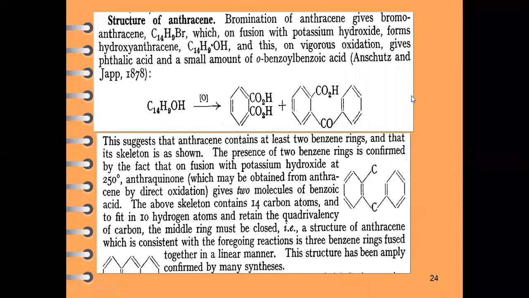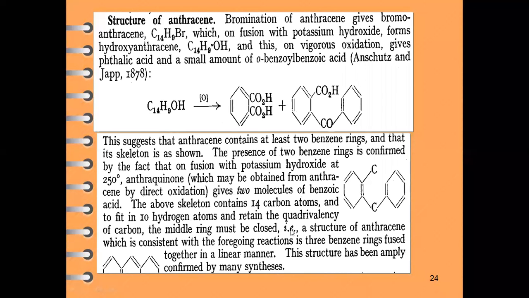Now, whenever we oxidize this anthracene at high temperature with oxygen, it produces two molecules of benzoic acid. By clubbing these important data, we have finally concluded that anthracene has 14 carbon atoms and they fit with 10 hydrogen atoms.